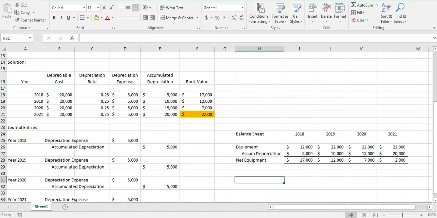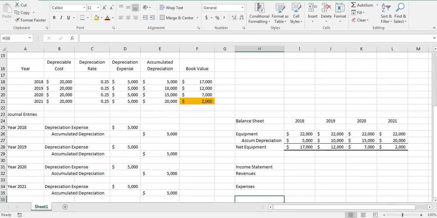What about the income statement? Let's put together what it will look like, but since we don't have more information, we will just place revenues, expenses, and then underneath expenses we will have depreciation expense, below the line from the expenses group.